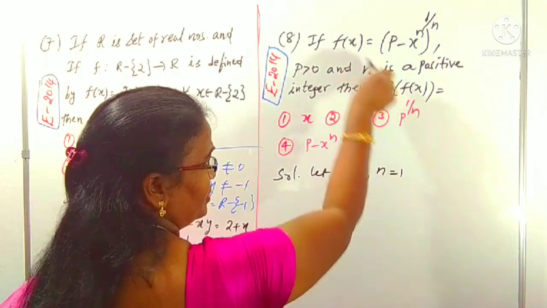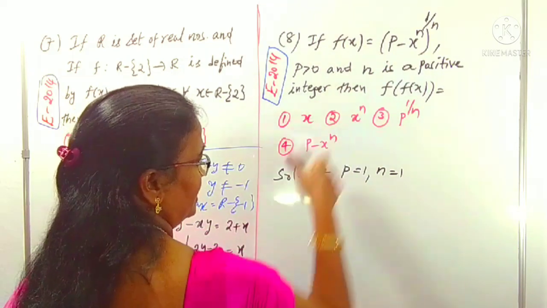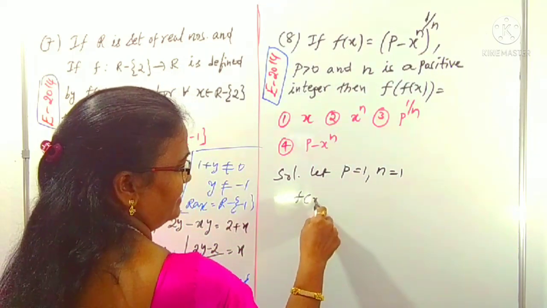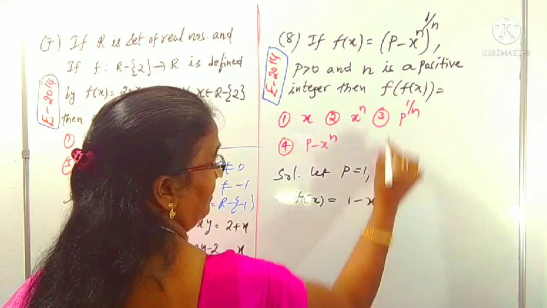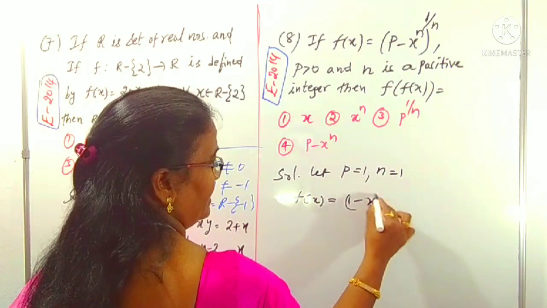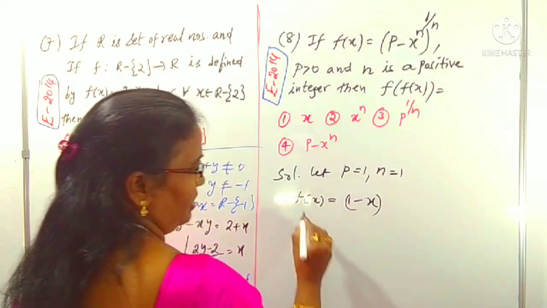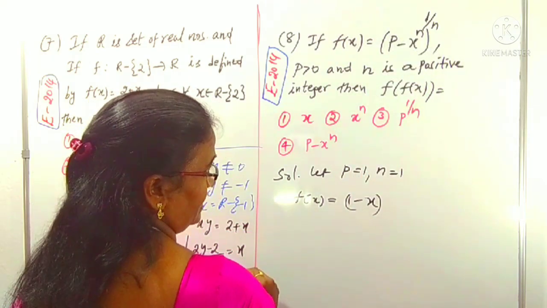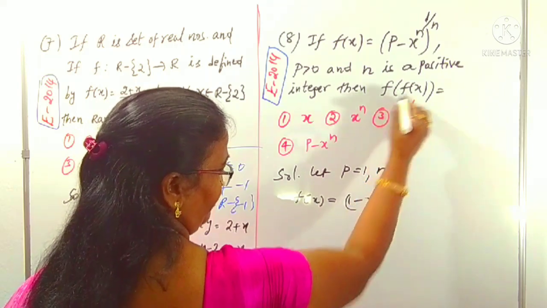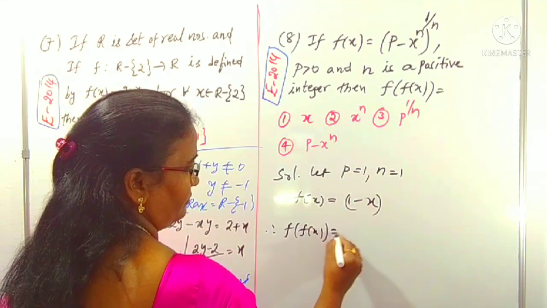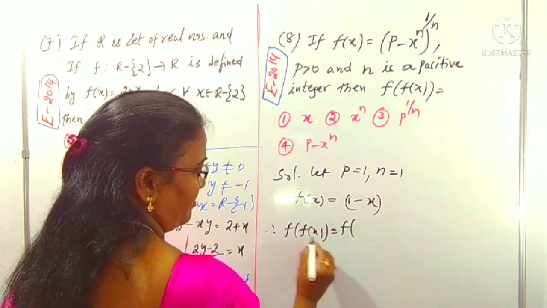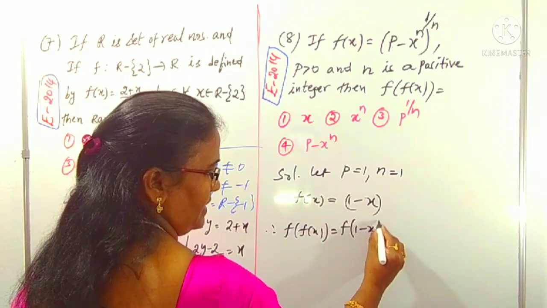Substitute p equal to 1, n equal to 1 in the f of x function. Therefore, f of x is defined as, in place of p I take 1, minus x to the power n, which is 1. 1 minus x whole power 1 by n is 1 only. Therefore, f of x is 1 minus x. Now what do we want? f of f of x. In place of f of x we can write 1 minus x.